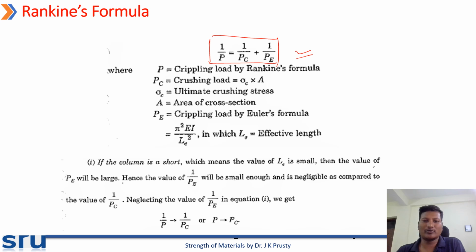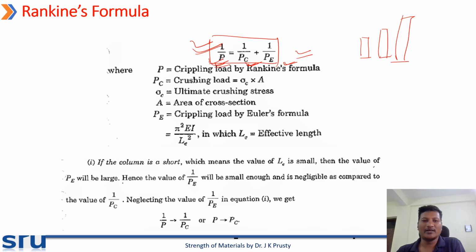We have to consider both crushing load and crippling load, and form a common formula where both can be applicable, and this formula can be used to solve all kinds of columns. It may be a short column, a medium column, or a long column. So he formulated this equation: 1 by P is equal to 1 by PC plus 1 by PE.